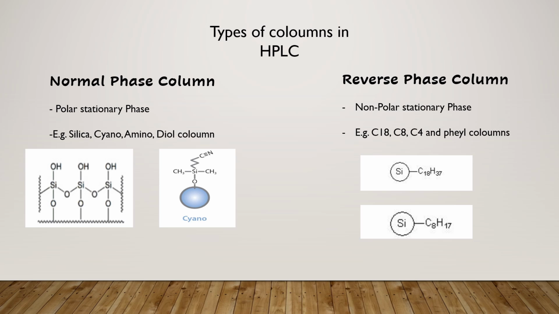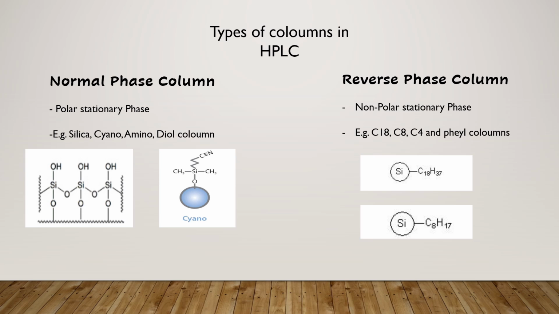They attached C18 carbon to silica, or C8 carbon or C4 carbons. Because of that, this silica which was polar in nature was turned non-polar by that carbon chain. So that is called a reverse phase column.